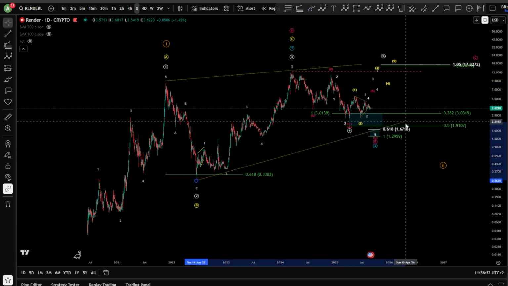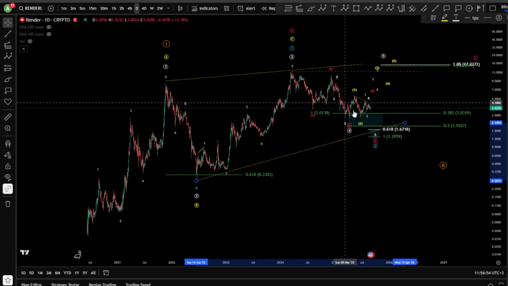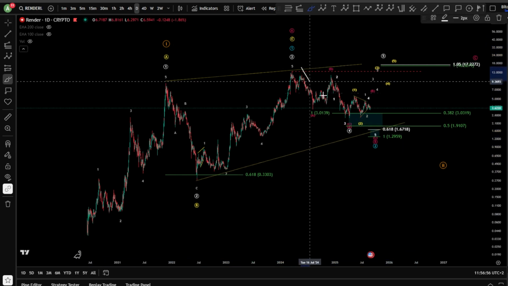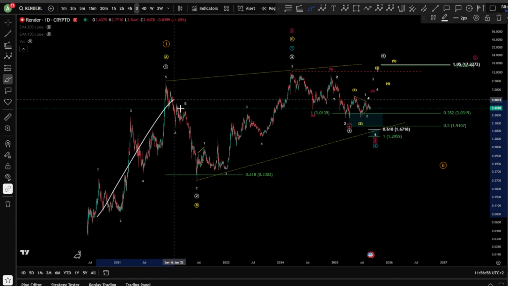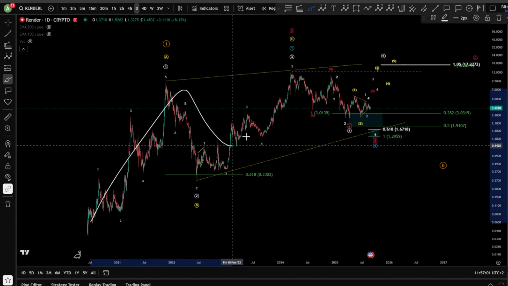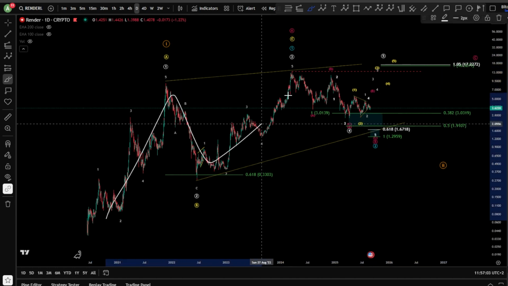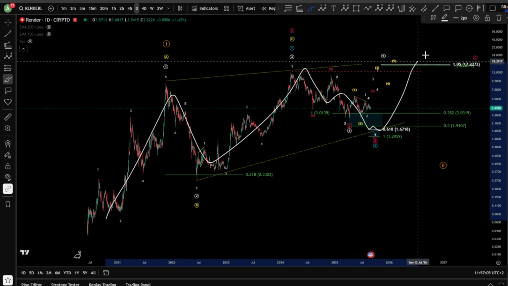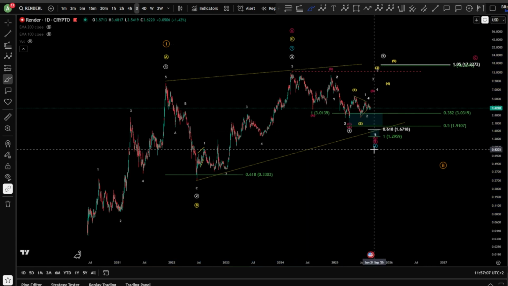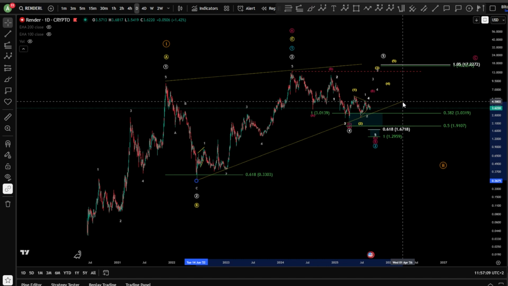And that, of course, preserves the same scenario in the daily here, but simply with a deeper correction, meaning you're still in 1, 2, 1, 2, you're still in 1, 2, 3, 4, 5, and you're still in 3 waves up, 3 waves down, and then continuation toward the upside. So these are the possibilities here.